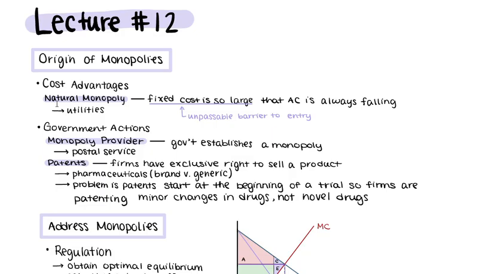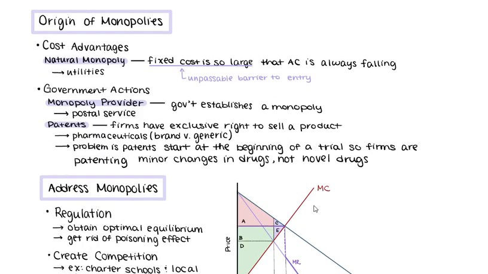The fixed cost is so large that average cost is always falling. It's an impossible barrier to entry, because it costs a very high entry fee.